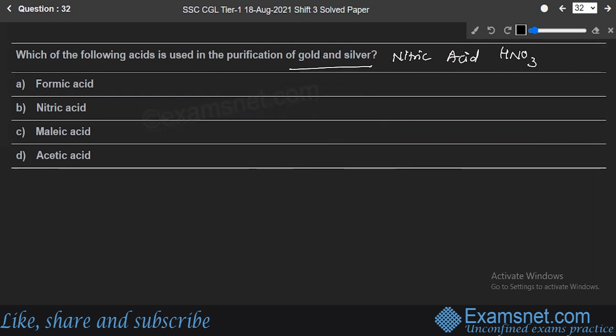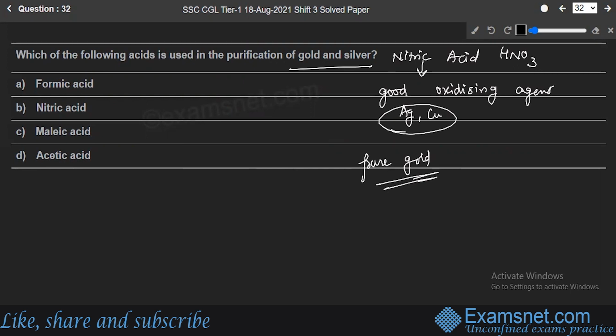Nitric acid is a good oxidizing agent which can dissolve all impurities of baser metals like silver, copper, etc., leaving behind pure gold. So option B, nitric acid, is the correct answer to the question.